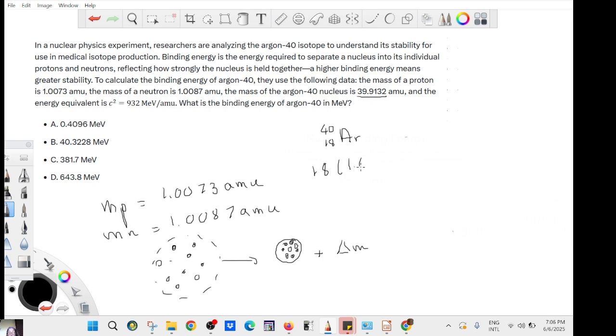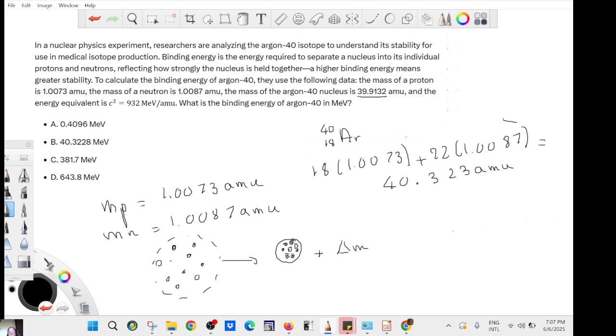So the mass before, of all the nucleons, you're going to have 18 protons, so 18 times 1.0073 plus 22 times 1.0087. Okay, so you can compute that, and usually the computation will be easier. And you get 40.323 AMU. So that's before, when they are not bound together.